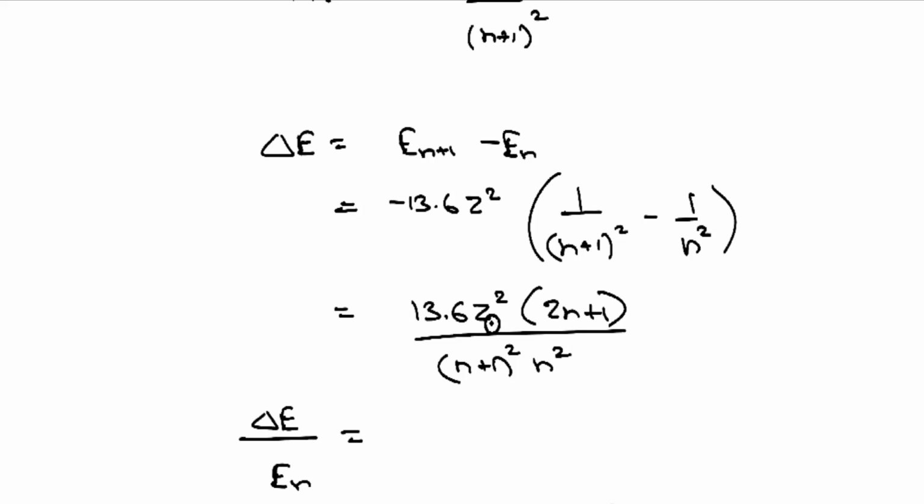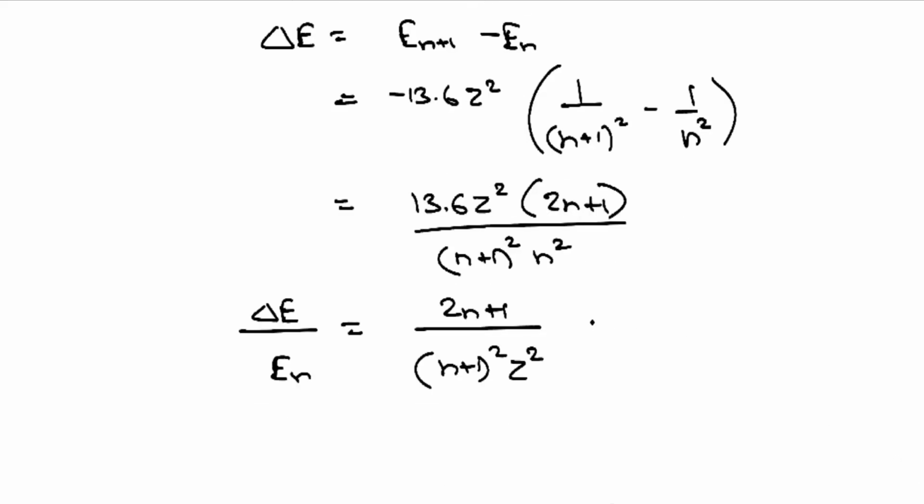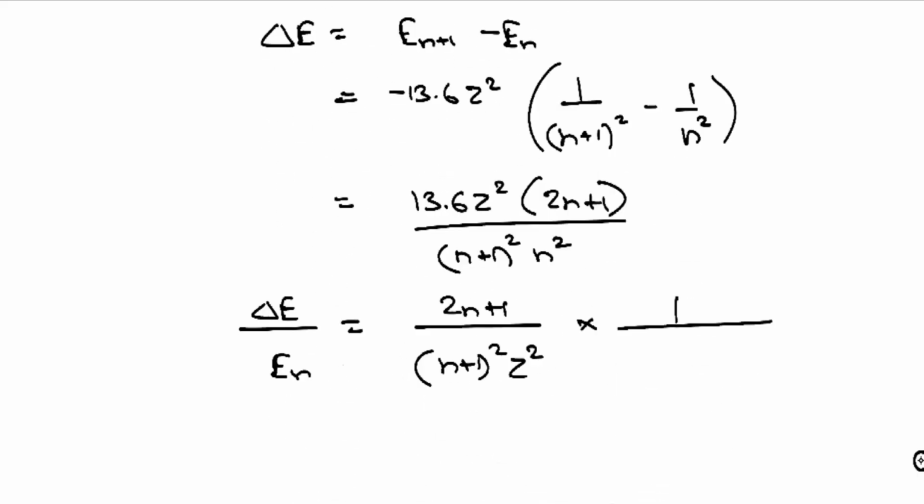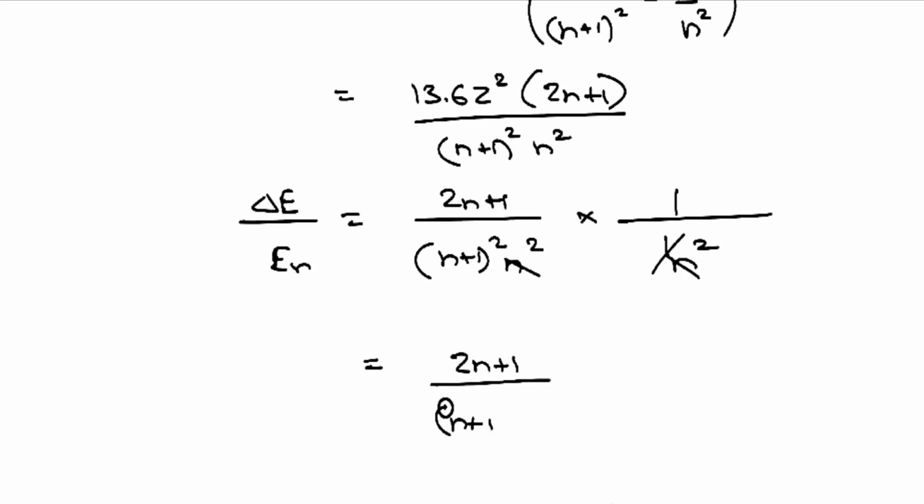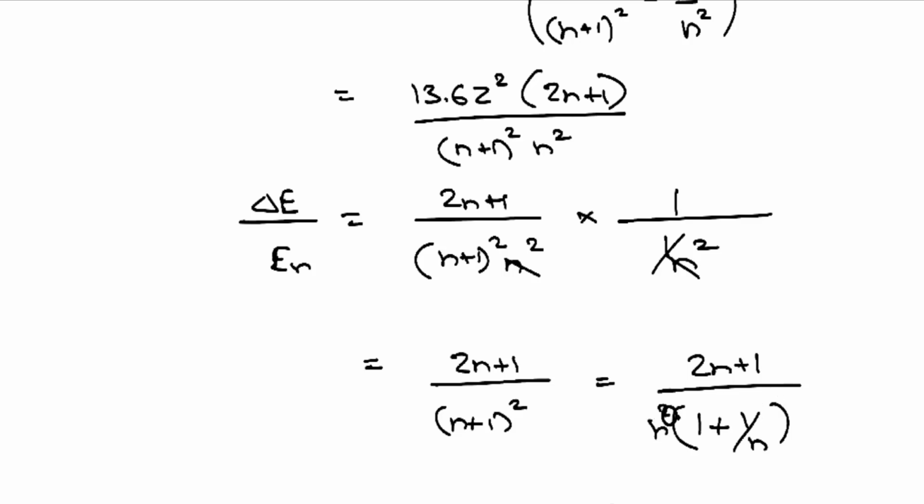The 13.6 and Z squared are constant terms, they will get cancelled out and we are left with (2n plus 1) upon (n plus 1) squared into 1 upon En, and En is proportional to 1 by n squared, so n squared and n squared get cancelled and we are left with (2n plus 1) upon (n plus 1) squared, which can be written as (2n plus 1) upon n squared times (1 plus 1 by n) squared.